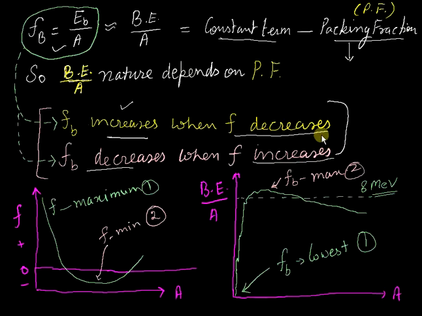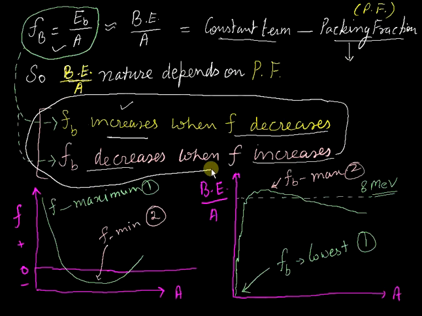This simple statement one can see in the real picture of the packing fraction and binding energy per nucleon curve. So here the y axis is for the packing fraction, and on the x axis the mass number is considered. This is the reference line at 0. Right below this, all the values of packing fraction for any particular nucleus will be positive or negative: positive on the upper side, negative on the lower side.